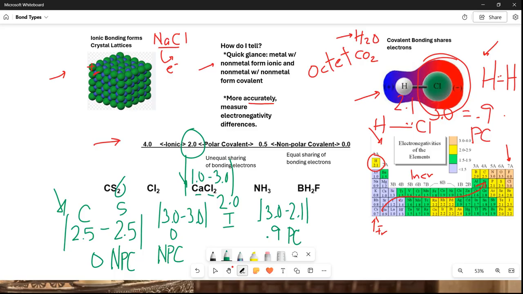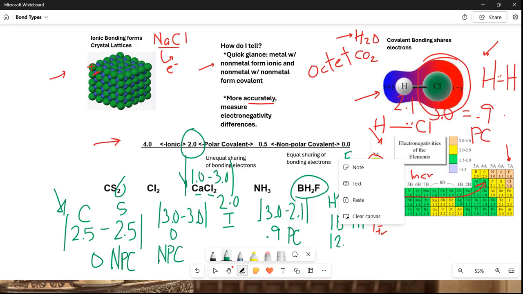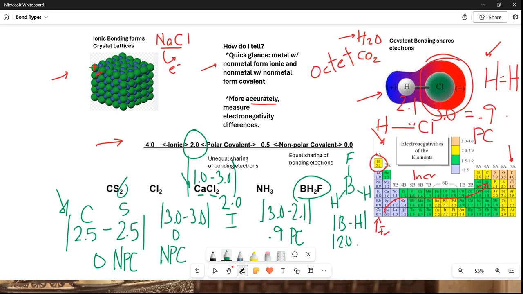If we look at the last one, we've got 3 different atoms. So basically we have boron bonded to fluorine, bonded to hydrogen, bonded to hydrogen. So I basically have to do 2 differences. So I'm going to take boron minus hydrogen, which is going to be 2.0 minus 2.1, and that's a difference of 0.1, and that is going to be nonpolar covalent, meaning they're sharing those electrons pretty nicely, pretty equally.